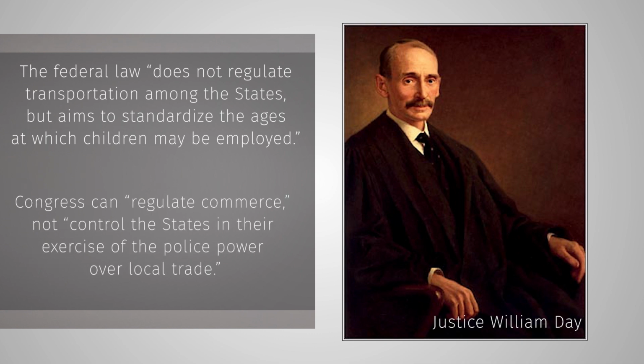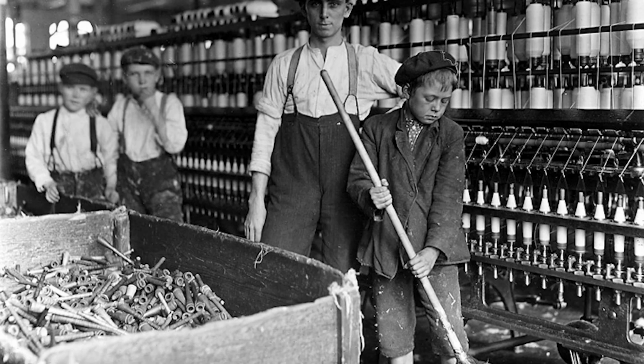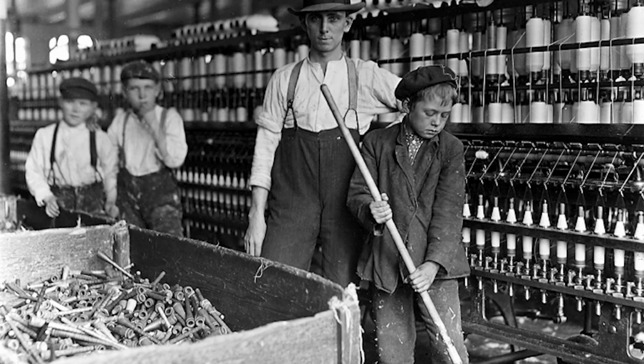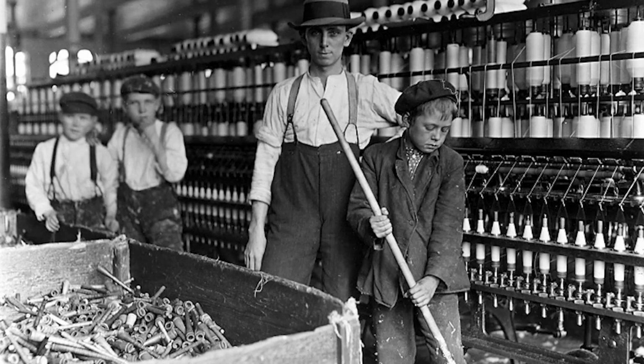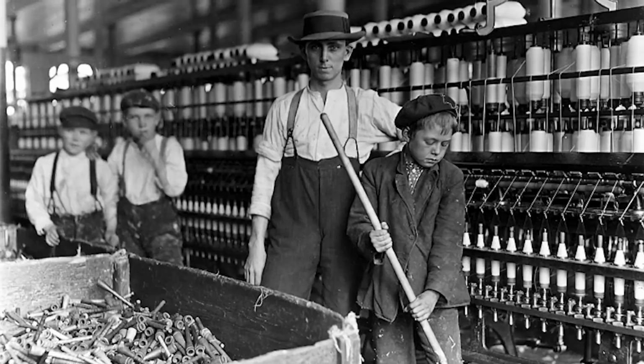He added that Congress can regulate commerce, not control the states in their exercise of the police power over local trade. The Supreme Court never invalidated child labor laws under the Due Process Clause. It held only that Congress could not prohibit the interstate commerce in goods made by child labor when its true aim was to intrude into the police power of the states.